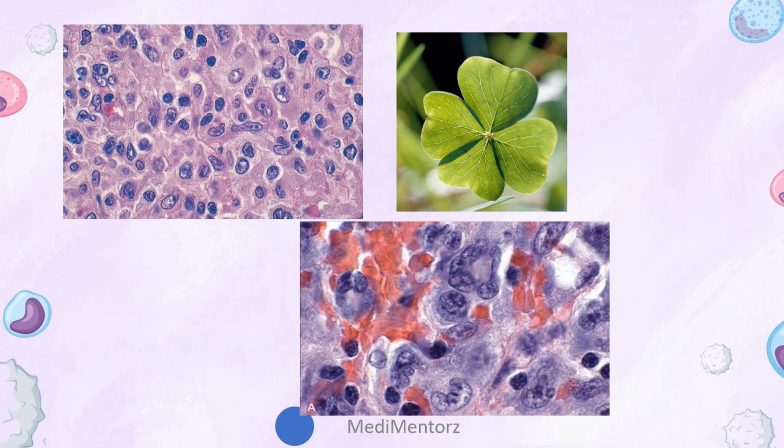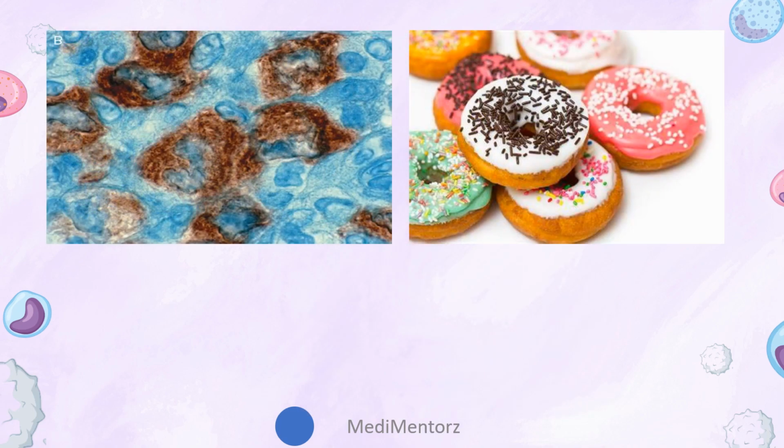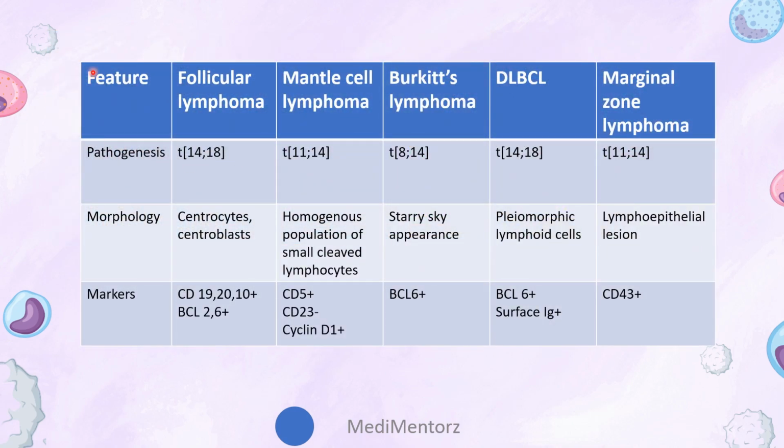Moving to the third one, which is the last one, ALCL, having a voluminous cytoplasm. They look similar to donuts, so that's why they call it donut cell appearance. So this is a brief summary of what we saw today. Okay, you just remember these things and you are good to go.